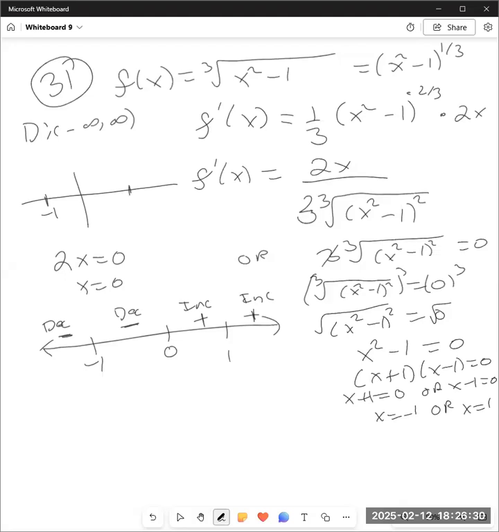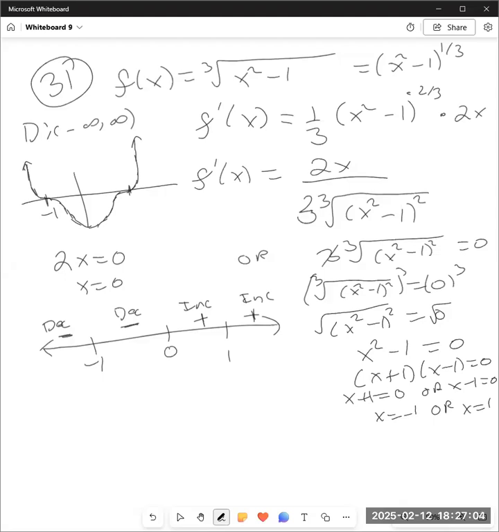So it's decreasing and then still decreasing, and then at 0, it changes to start increasing, and then it levels out, and then it continues increasing. It looks something like that.